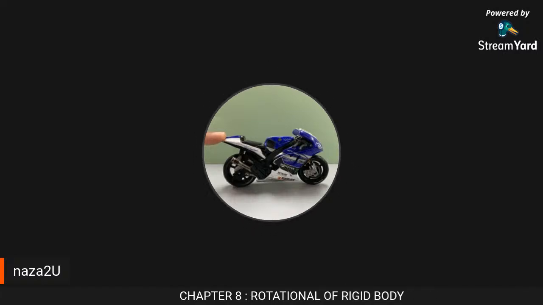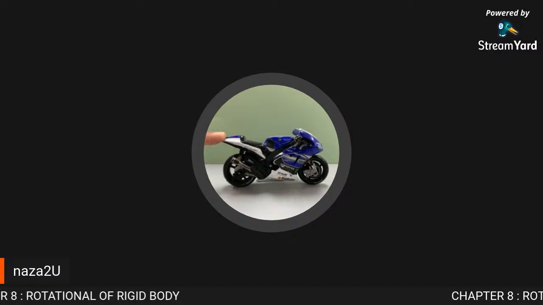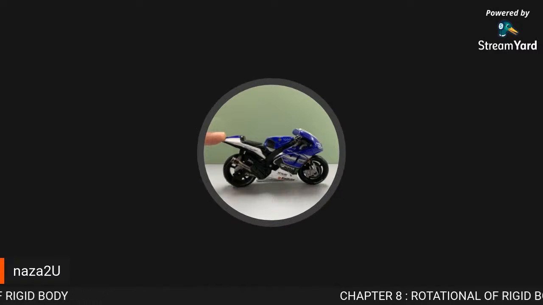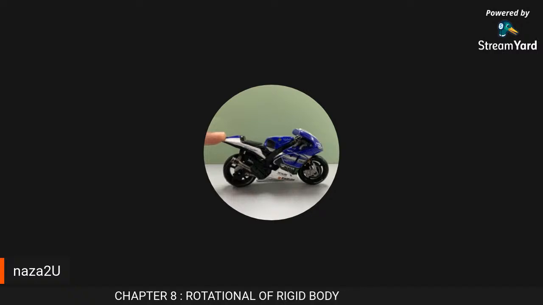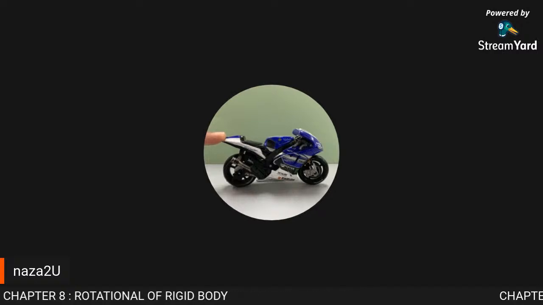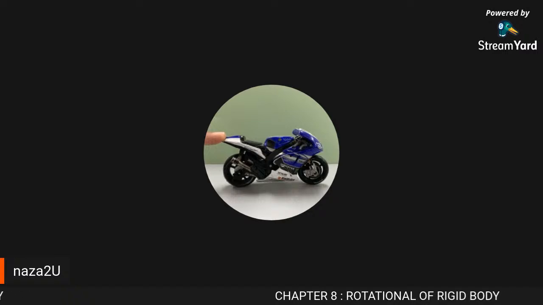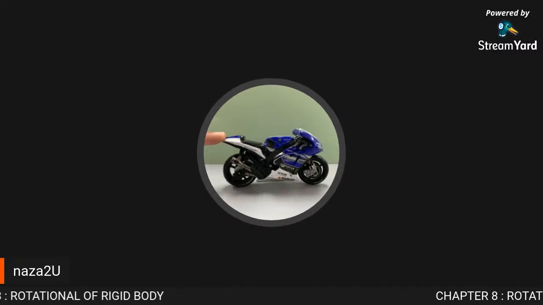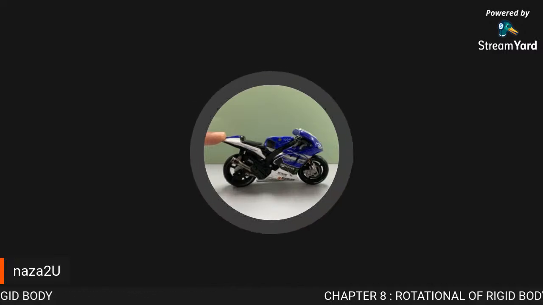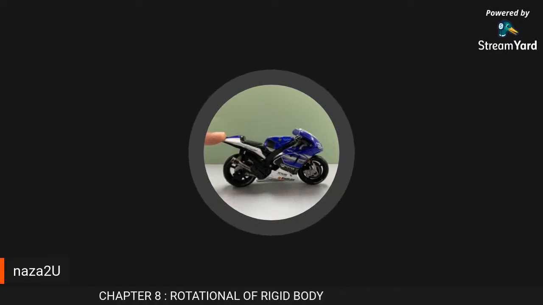Untuk malam ini kita akan tengok chapter 8, Rotational of Rigid Body. If you look at the Google Classroom, this is the lecture note for chapter 8, Rotational of Rigid Body.